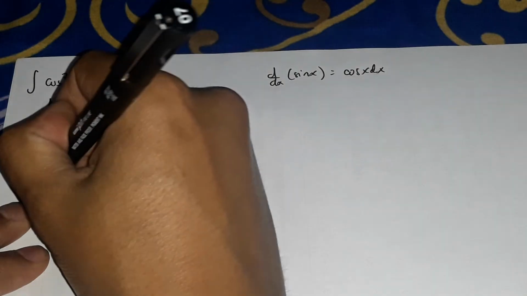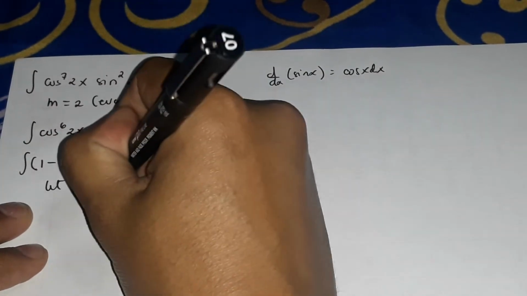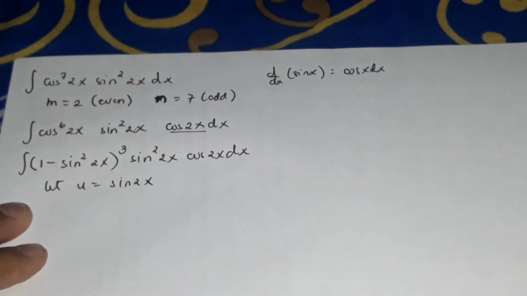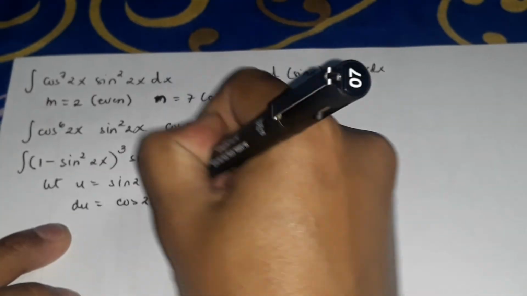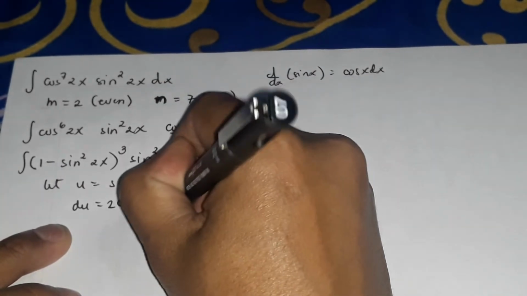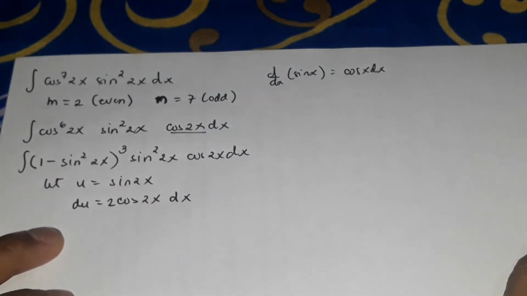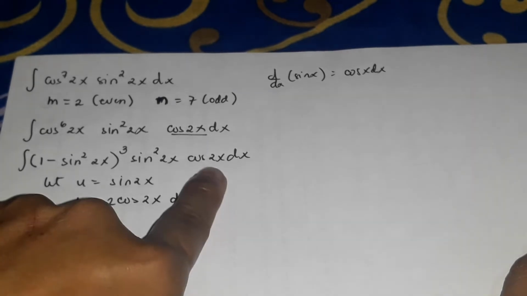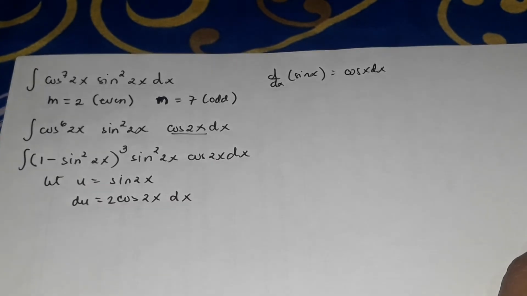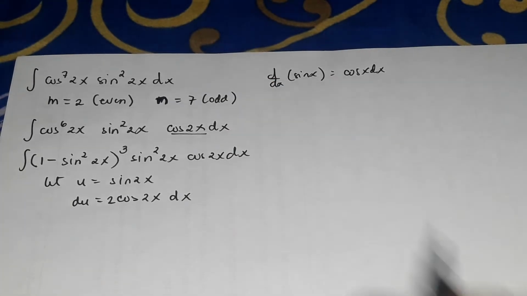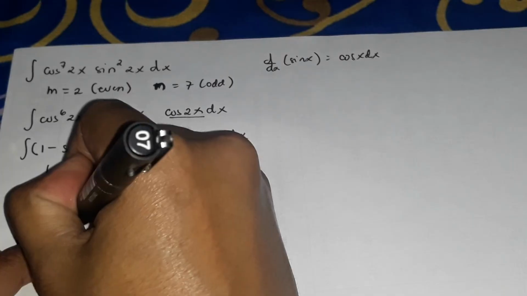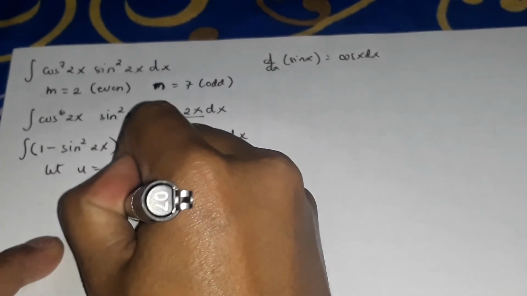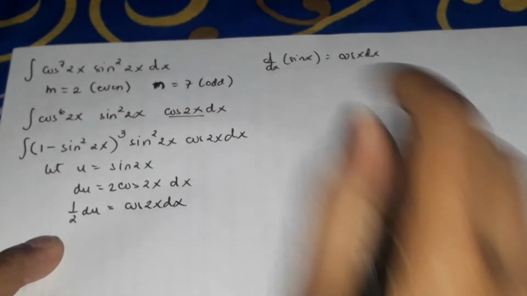So we can now let u be equal to sine 2x. Okay? And then its du is equal to cosine 2x, then 2 dx. So technically, we only have cosine 2x dx here. So you need to avoid this 2 by multiplying 1/2 in each side of the equation, leaving us with 1/2 du is equal to cosine 2x dx.